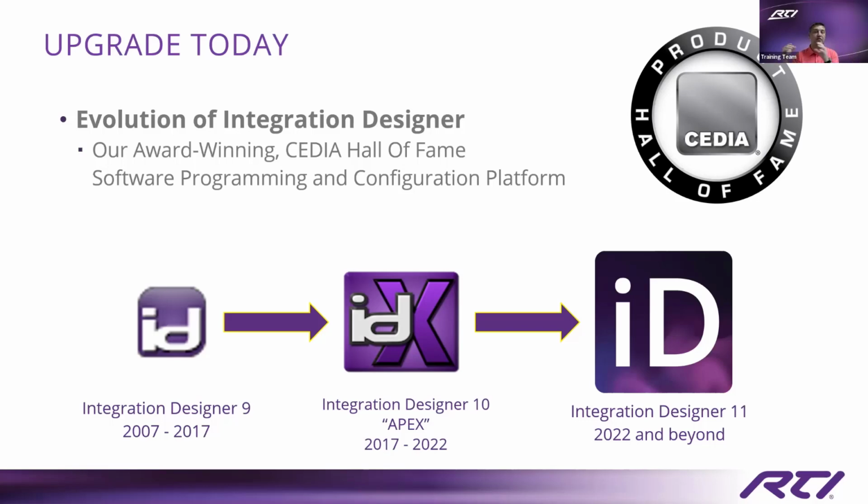That was actually Integration Designer 10, and it was a major change. Now we've adapted it to Integration Designer 11, and it's evolved. It includes features that have built up over time and provides you our most powerful software platform to date, capable of handling any size and scope project that you have. So you need to upgrade today to Integration Designer 11.